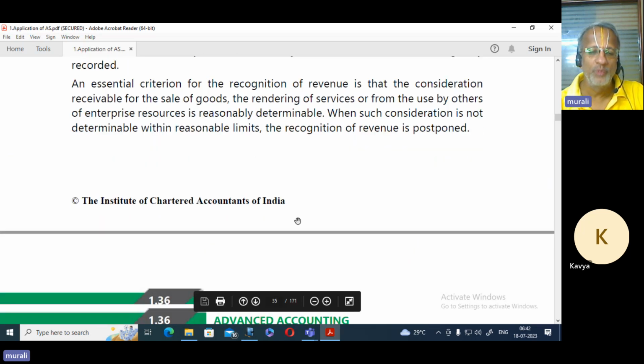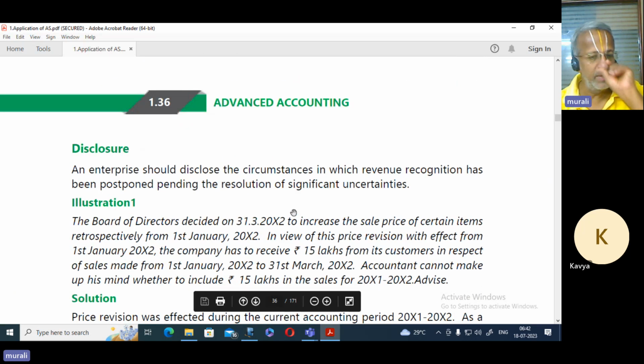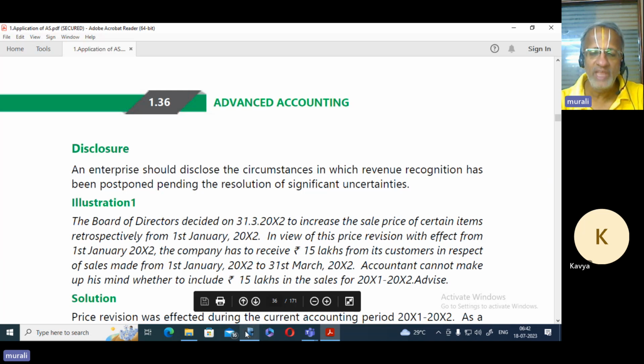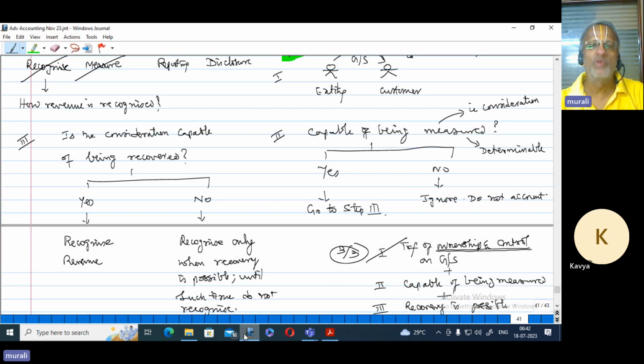So it is postponed. Disclosure. An enterprise should disclose the circumstances in which revenue recognition has been postponed pending the resolution of significant uncertainties. We are expected to disclose certain things where they are not in a position to recognize the revenue for want of details. So I can give an example where we have sent a consignment to Malaysia.